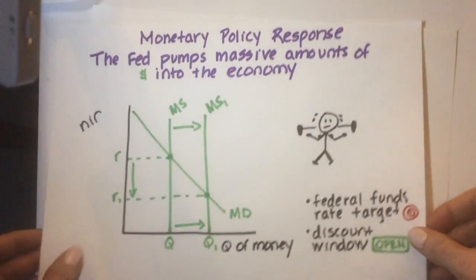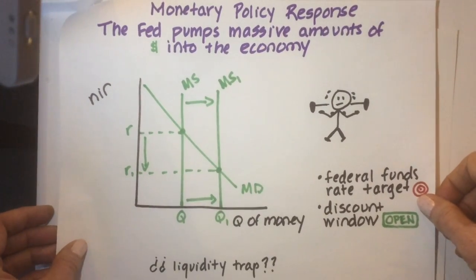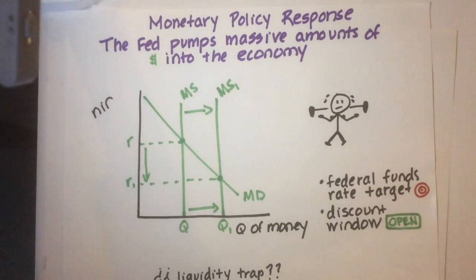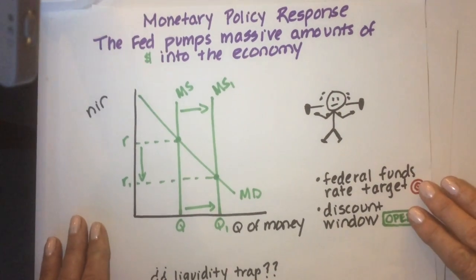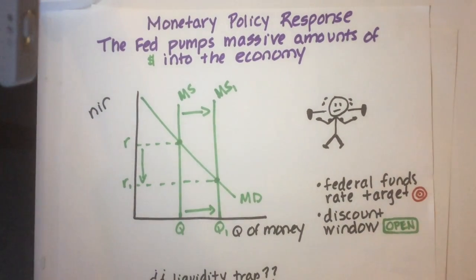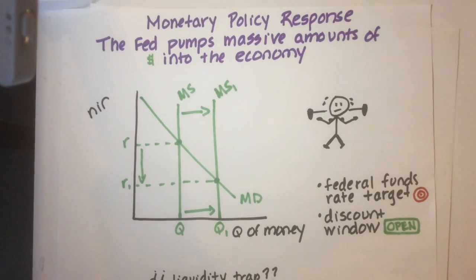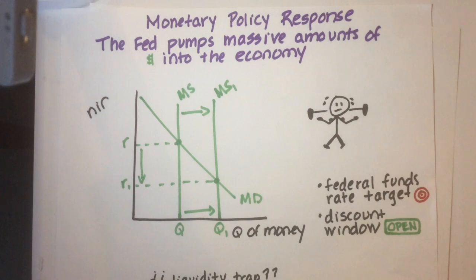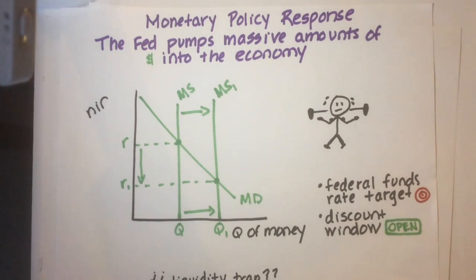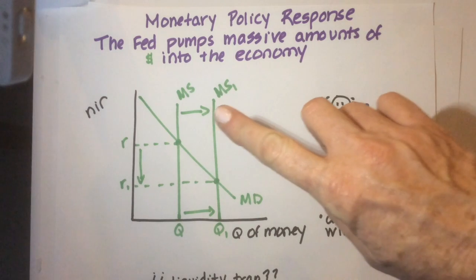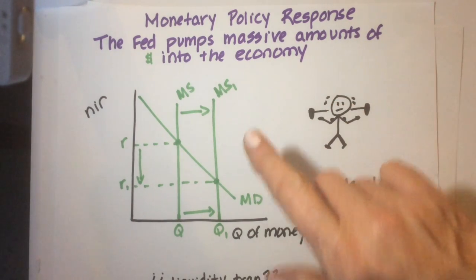Okay, so what happens? What's the response? The first response comes from the monetary side, and that makes a lot of sense because the Fed is uniquely set to act quickly. They don't need to pass a bill to get the approval of the president and Congress. So on the monetary side, the Federal Reserve pumps a ton of money into the economy, and what that does is we can see the increase in the money supply. It shifts to the right.